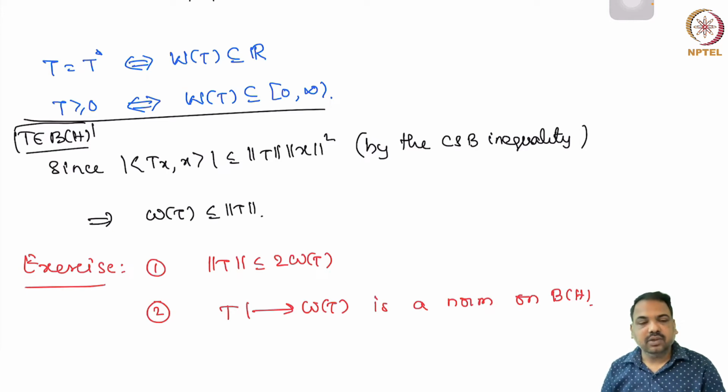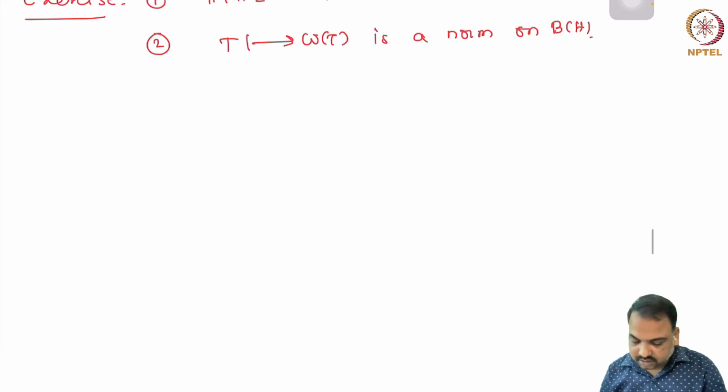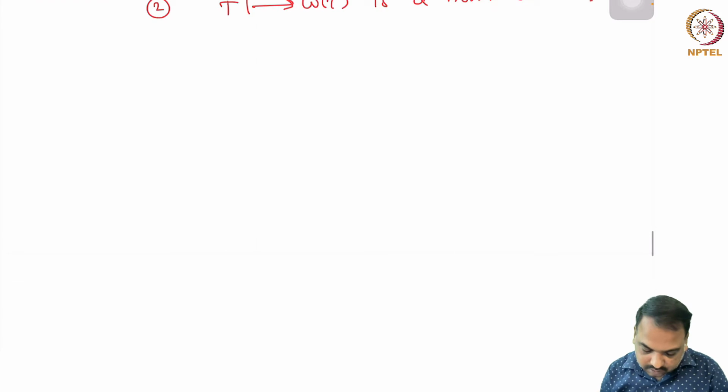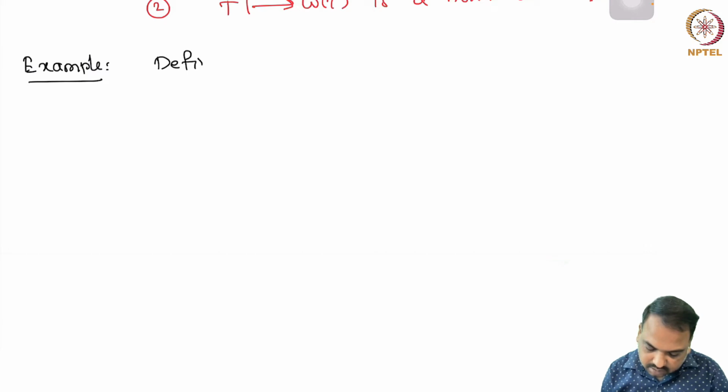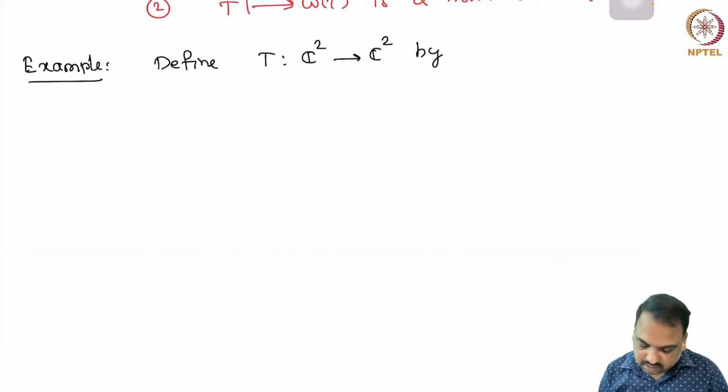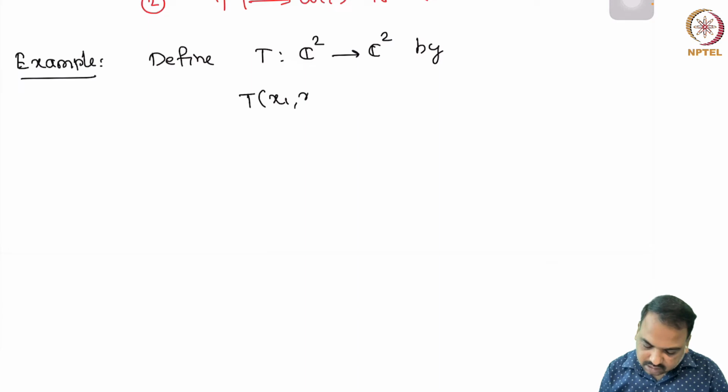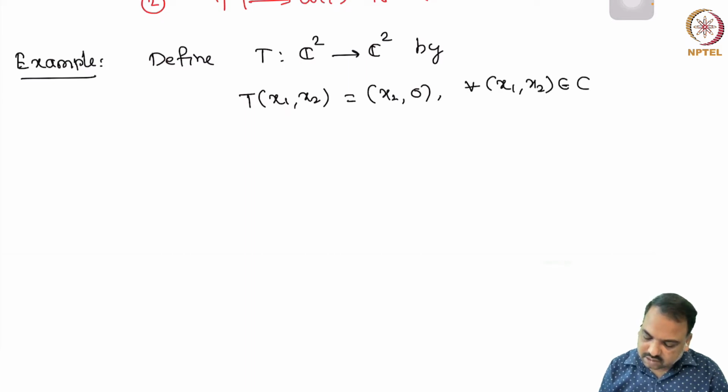Let us see with an example that the numerical radius need not be equal to the norm of the operator. So define T from C2 into C2 by T of (x1, x2) as (x2, 0) for every (x1, x2) in C2.